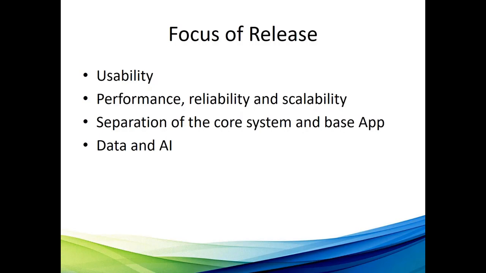So if they're finding something performance-wise, they can do that in a different release, maybe earlier than the base app, which includes the general ledger functionality, for example. So they're able to update the core system separate from the GL, allowing them to be more responsive in system updates or making things better performance-wise.